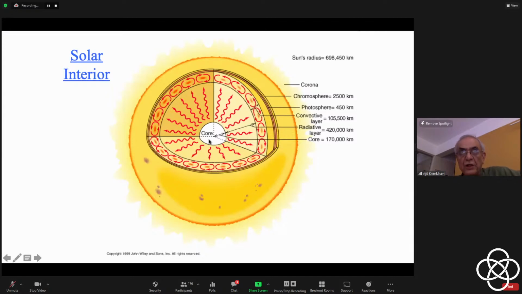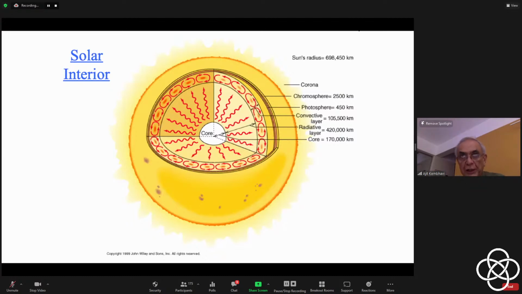Now the sun has a mass of 2 into 10 to the 33 grams, and about 0.8% of that mass can be converted to energy. So even though the sun is so massive, it is also emitting energy at the rate of 4 into 10 to the 33 ergs per second.